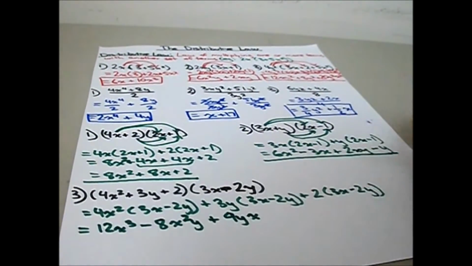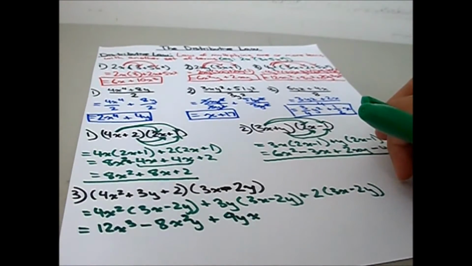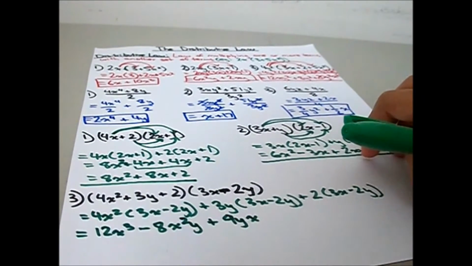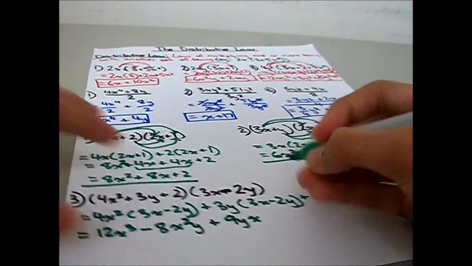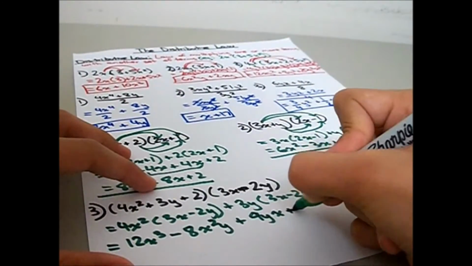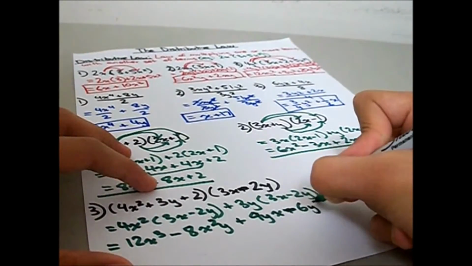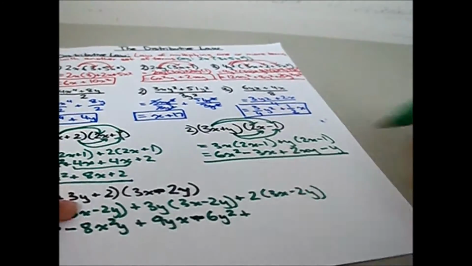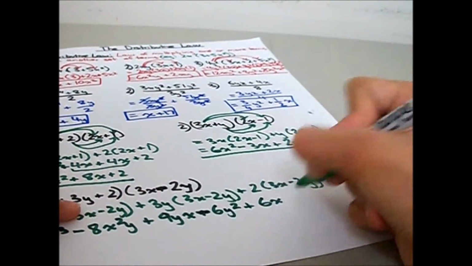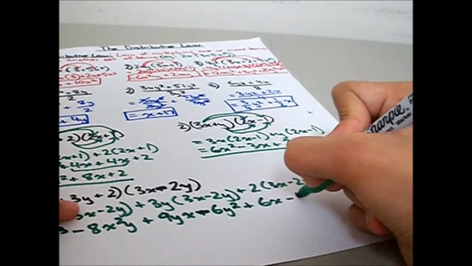And 3y multiplied by negative 2y. Those are like terms, so 3 times negative 2 will be negative 6. And multiply the y's together, which will give us negative 6y squared plus 2 times 3x, which will give us 6x minus 4y.